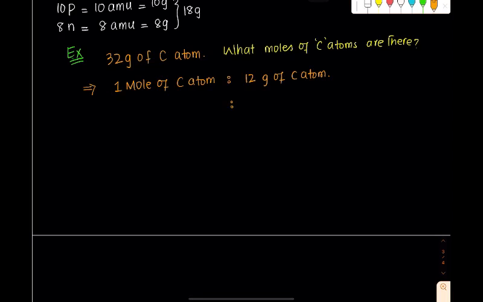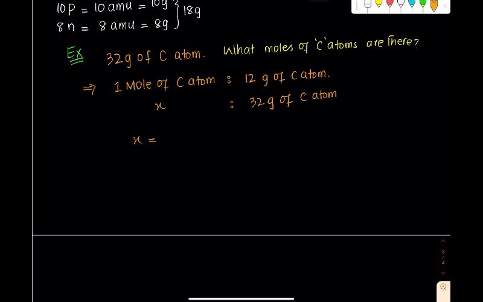If I have 32 grams of carbon atom, it will make how many moles of carbon atoms? Let's find out X. So X is equal to diagonals multiplied, and then the one which is next to the X is taken to the other side and it becomes a divided function. So I'm just writing it in a direct way.